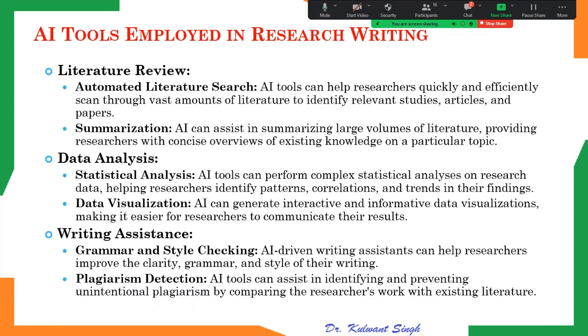Next is writing assistance. In writing assistance, we can address grammatical errors and language style. Sometimes US style is preferred, or a particular UK style. These days, AI tools are efficiently performing this task to improve the clarity of research documents.